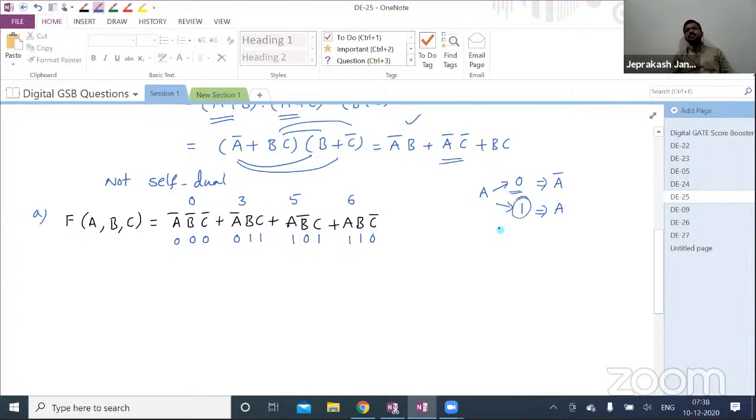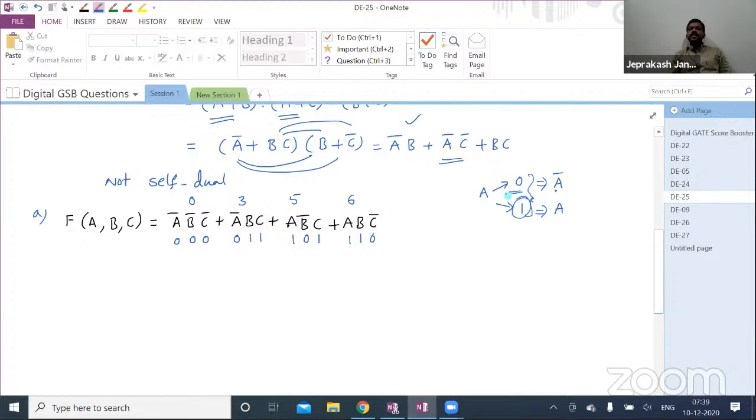Yes or no? Similarly, if you are considering A value 1, at the same time its value won't be 0. Yes or no? All of you please respond.